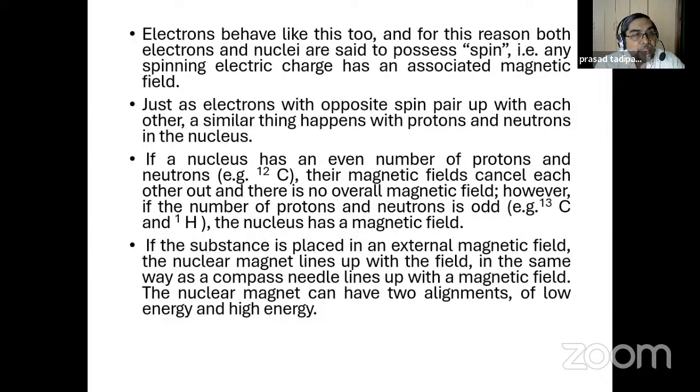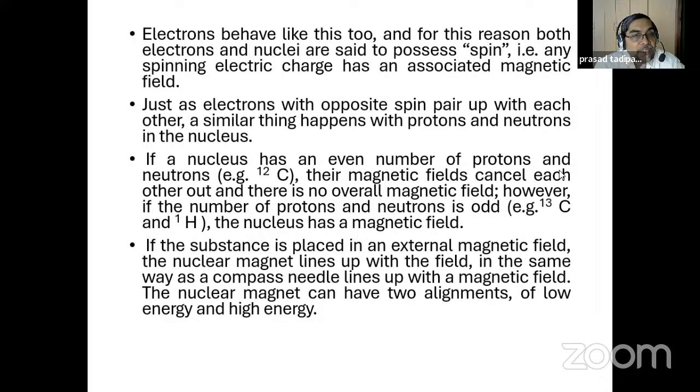If a nucleus has an even number of protons and neutrons, let us take an example of carbon. Carbon's atomic number is 6 and mass number is 12. So you have 6 protons and 6 neutrons, and the atom will consist of 6 electrons outside the nucleus.